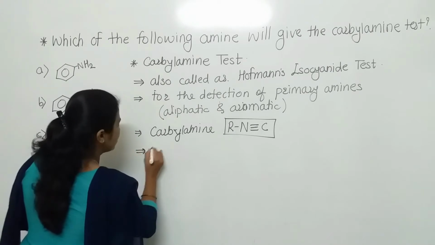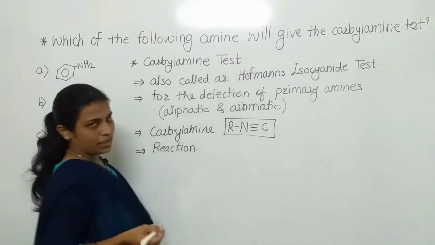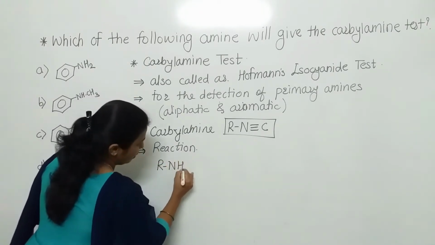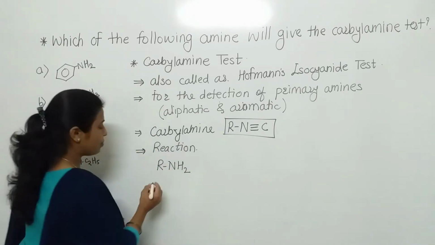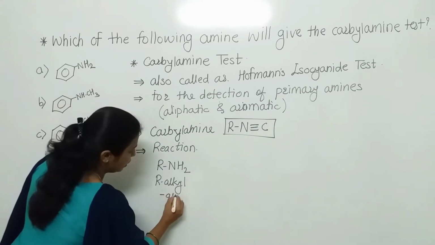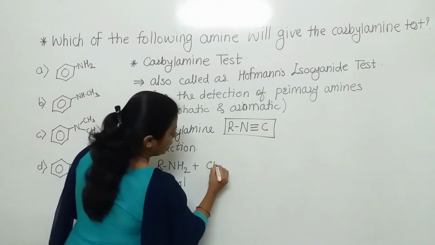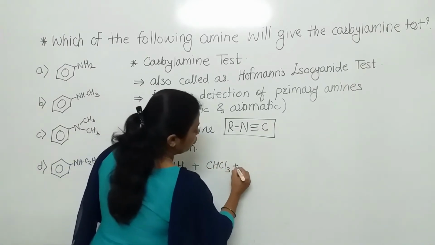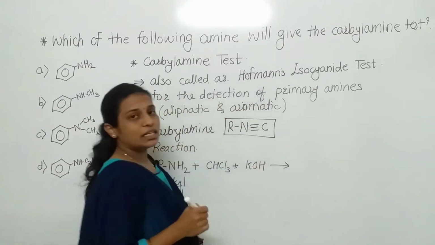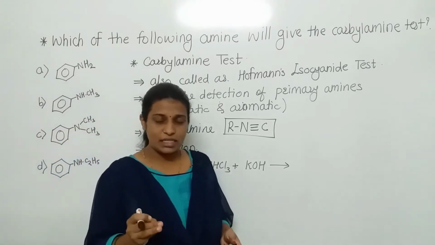Then what is the reaction for this carbylamine test? In the carbylamine test, the primary amine, I am denoting it as RNH2. R may be any alkyl group or an aryl group. The primary amine is treated with chloroform in the presence of a base, and here we get an intermediate. Sometimes there will be a question on the intermediate in the carbylamine test.